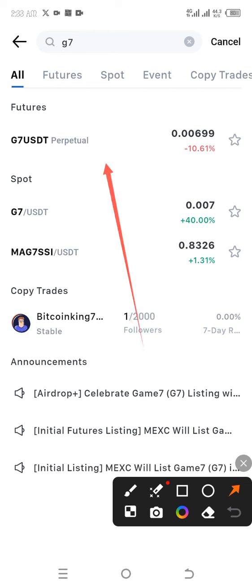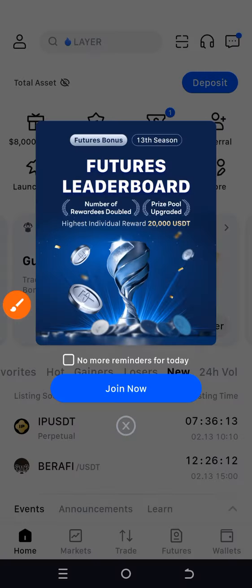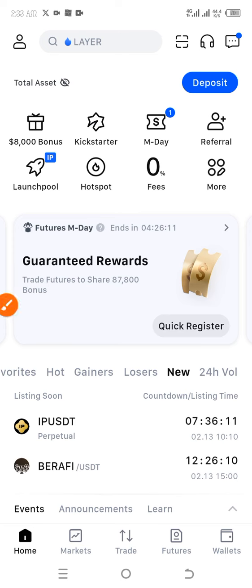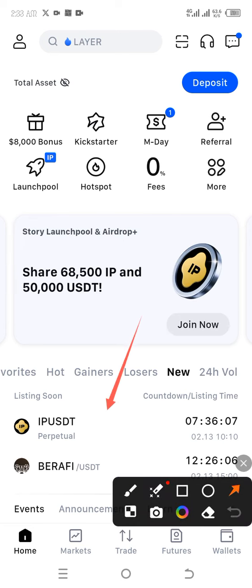So what we are interested in is any coin that is being listed and has perpetual beside it, which you are going to see right away here on your home trading page. If there is perpetual, we are interested.